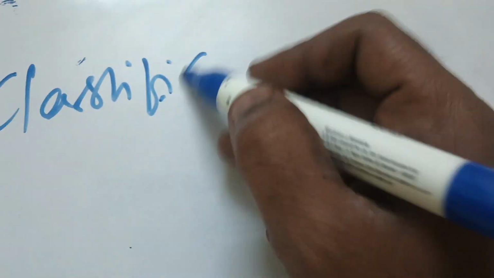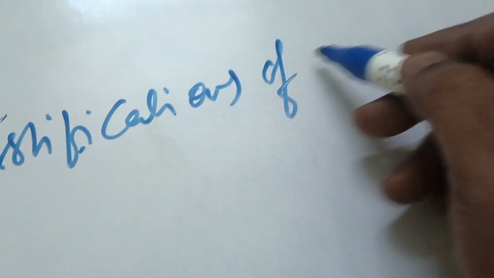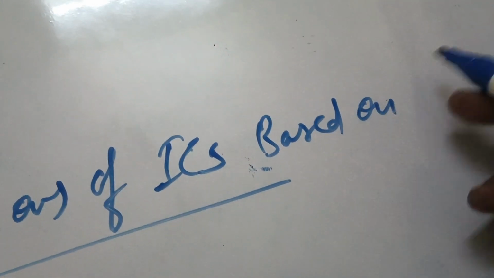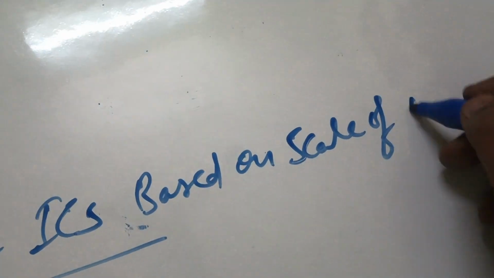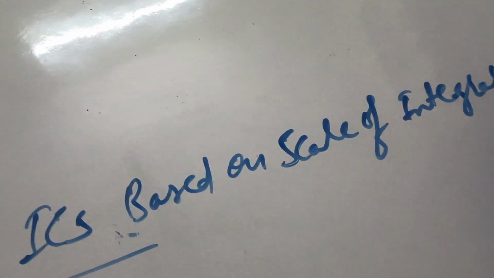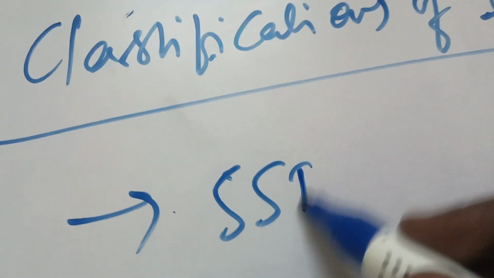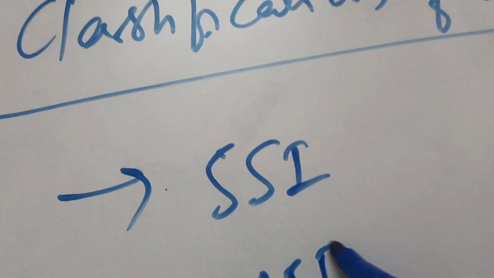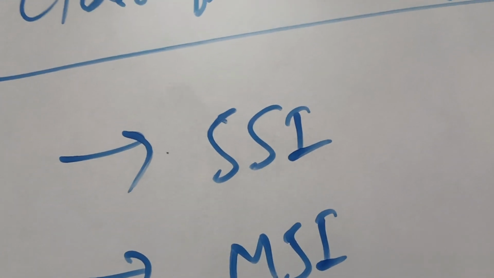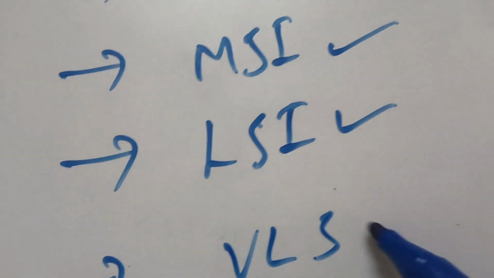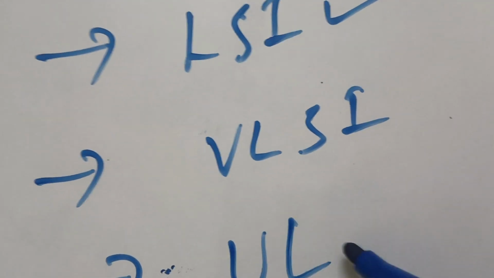Next, classification of ICs based on scale of integration: SSI, small scale integration; MSI, medium scale integration; LSI, large scale integration; VLSI, very large scale integration; next ULSI.